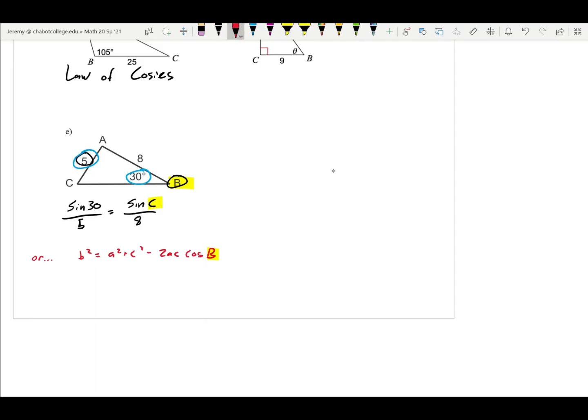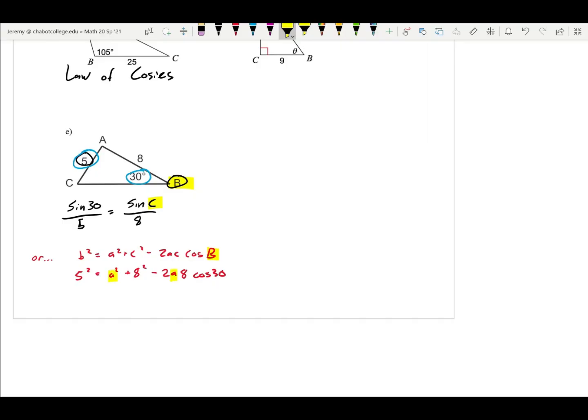And it turns out that I could plug in 5 for b squared, and then 8 for c, and a is the only thing that I don't have. So technically, this approach also could work because I'm just left with a single variable a.